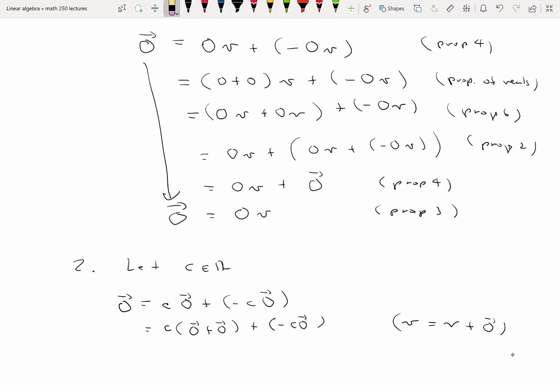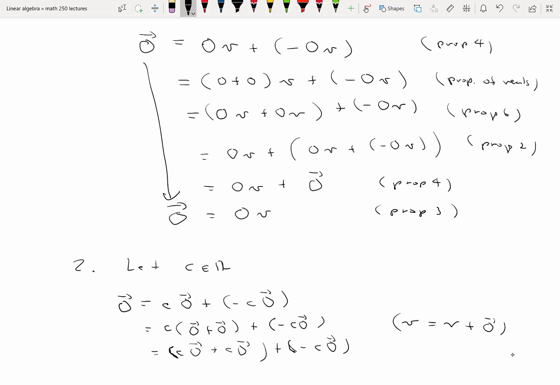Now, you can pretty much guess what I'm going to do. I'm going to distribute the scalar c: c times 0 plus c times 0. And that is property number 5. Plus the opposite of c times 0.